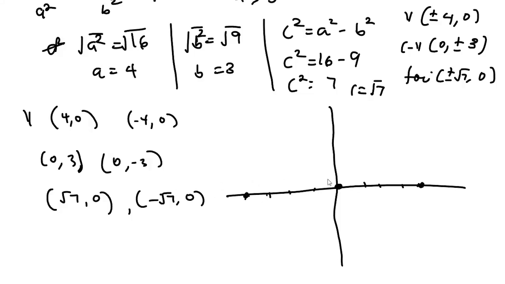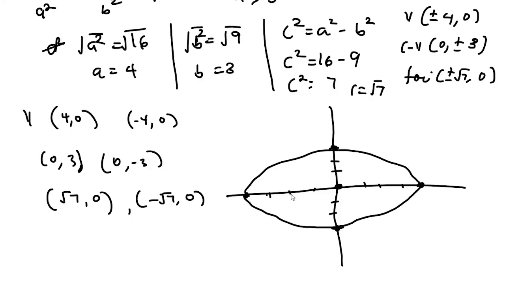Then we have the co-vertices, 1, 2, 3, so negative 3 and positive 3. So this is how it is going to look. When you draw it, you can see that it is a horizontal ellipse.